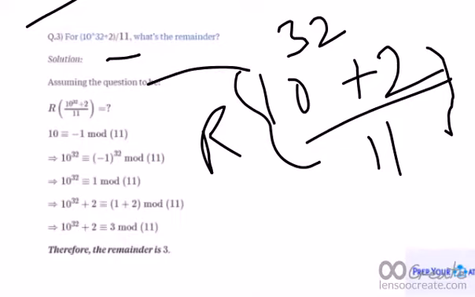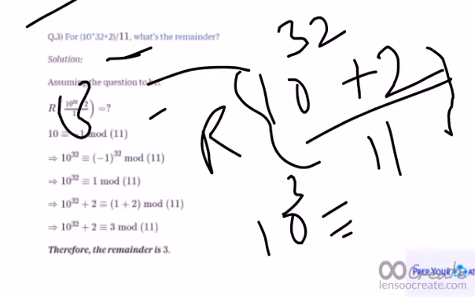This is assuming the question to be so. We will simplify it step by step. First, we will consider only 10 raised to 32. What number should be added to 10 so that it is divisible by 11? 1 should be added. That is written as 10 is congruent to minus 1 mod 11.